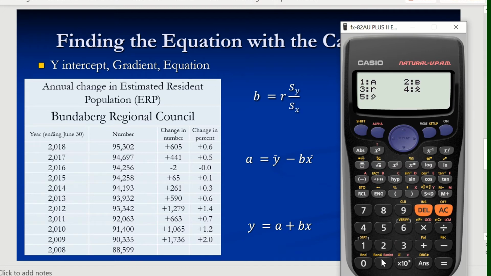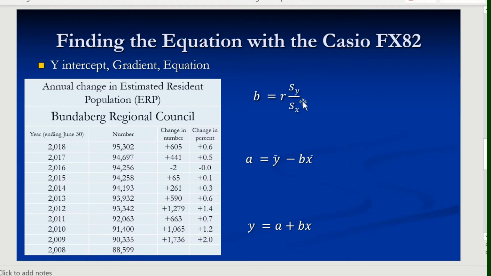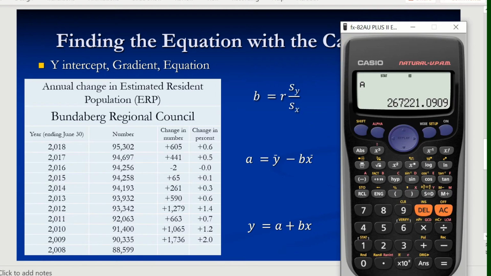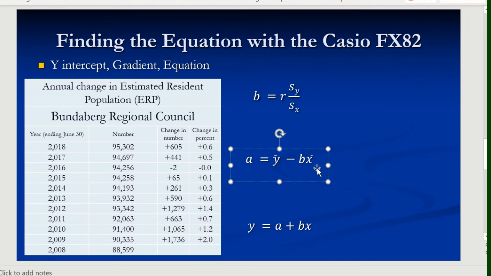So let's go 1. So 267,221. And what was that one? That was our A.